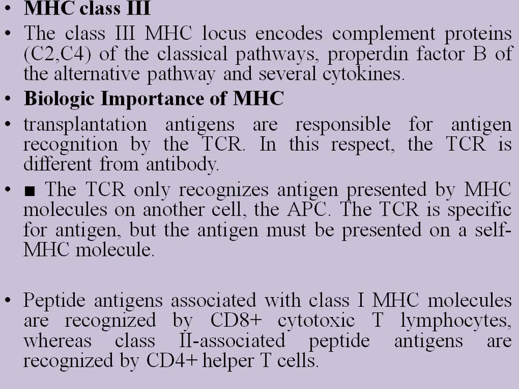The complement loci encode the complement proteins C2, C3, C4, C5, 6, 7, 8, 9 respectively. These complement proteins are mainly involved in the rejection process. They also act as perforin-like proteins, so they have great immunological importance.